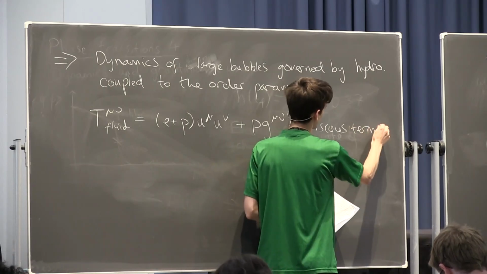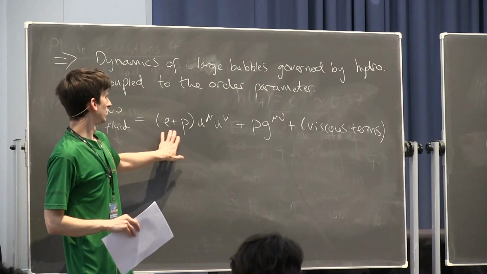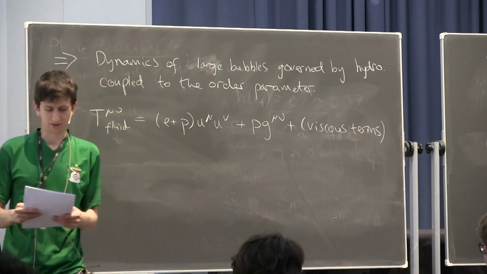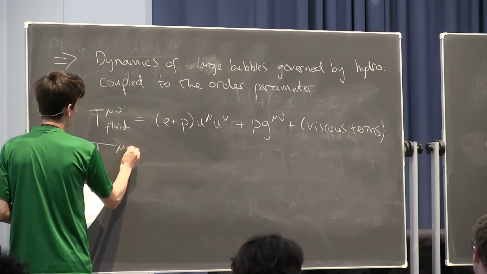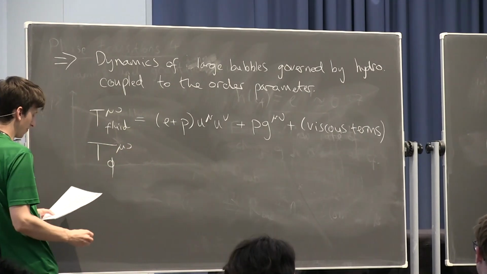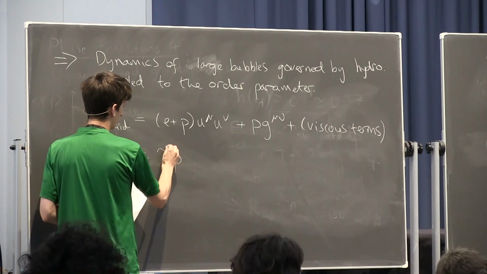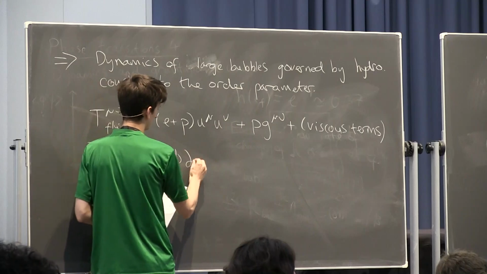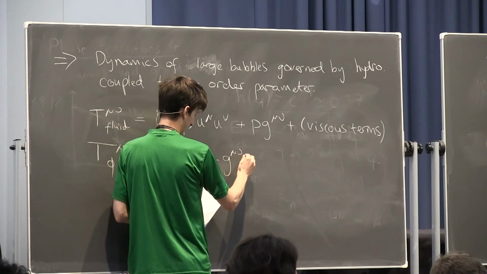But the next terms are the viscous terms. But at leading order, this is what your energy momentum tensor for the fluid will look like. And this is going to be coupled to the energy momentum tensor of phi, which is just what you would expect for a classical field, given that we're on such long length scales. All the quantum stuff should have disappeared.